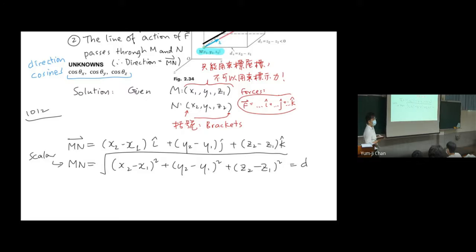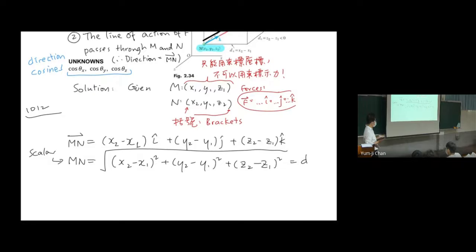So after we know the distance of MN, let's rewrite MN in another way.